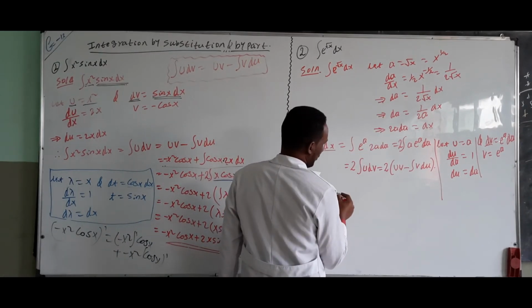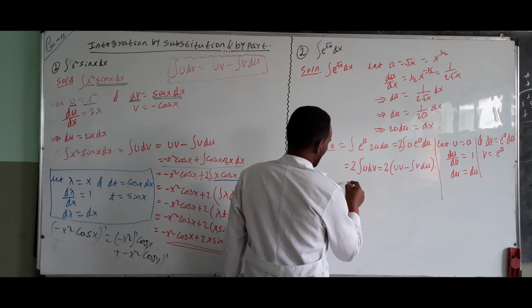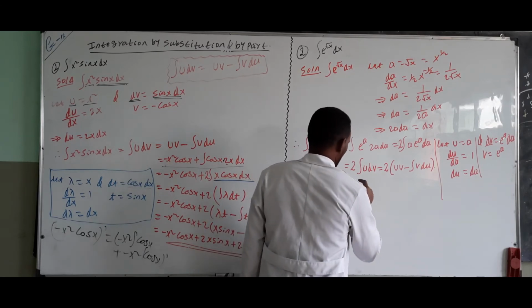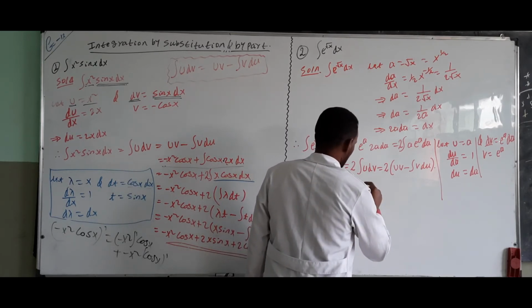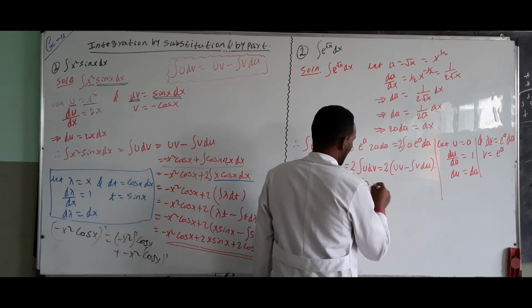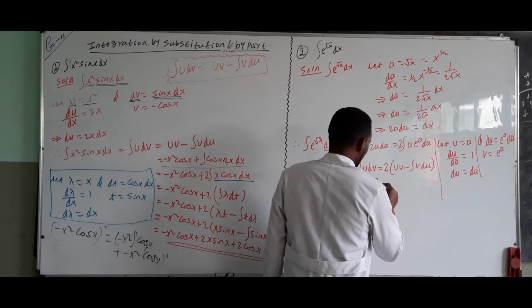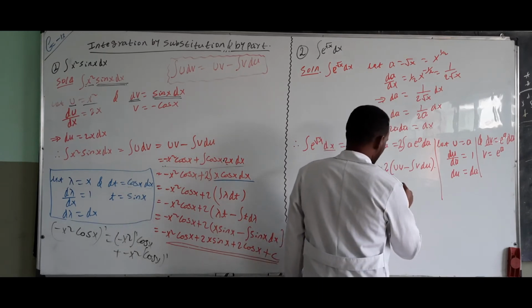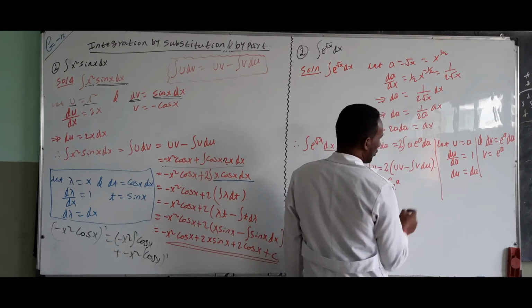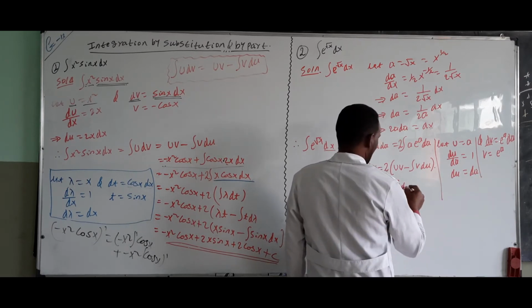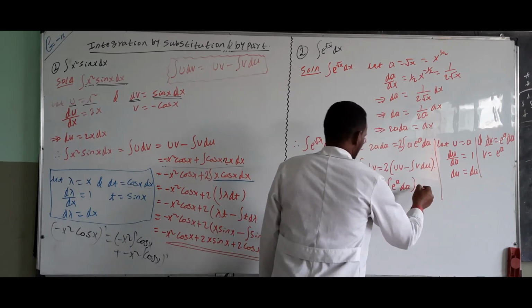Then this is equal to 2 times u means a, v means e the power of a, minus integration of v means e the power of a, du is equal to dA.